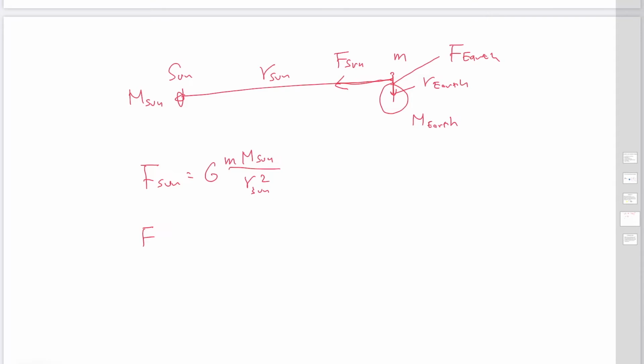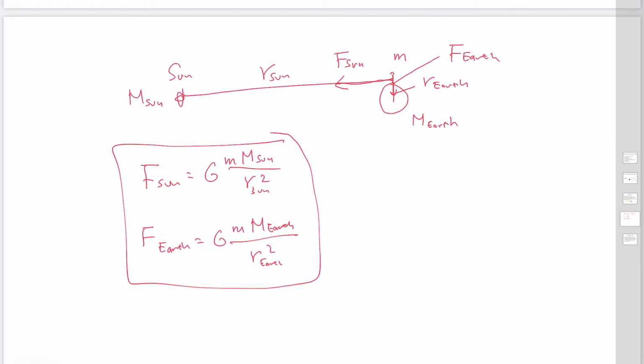And the gravitational force of the earth acting on your body is expressed as F sub earth equals G, mass of your body, mass of the earth over r sub earth squared. Then we'd like to compare these two forces. When you compare two variables, it's better to use ratios, F sub sun over F sub earth.